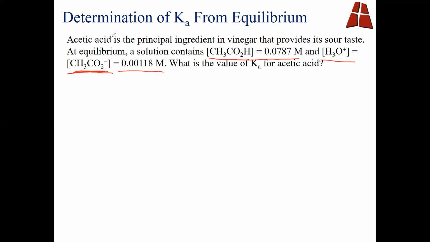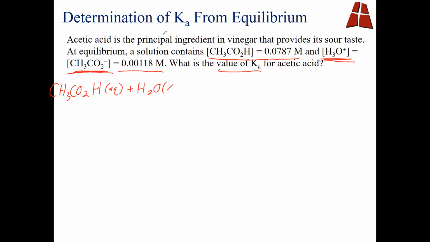And I ask you, what is the value for Ka for acetic acid? With these equilibrium problems, I would highly recommend doing two things, starting by writing out your chemical equation and then your Ka expression. Our chemical equation is going to be CH3CO2H, aqueous. That's our acetic acid. And then, sorry, let me get ahead of myself, because in this situation, we have acetic acid that's going to need to react with water, right?